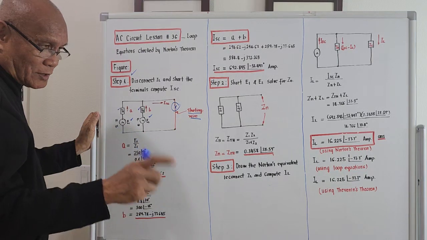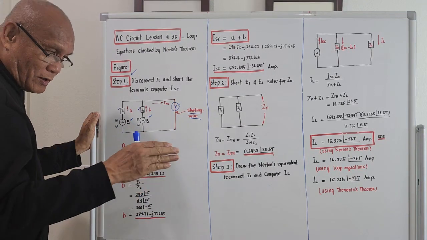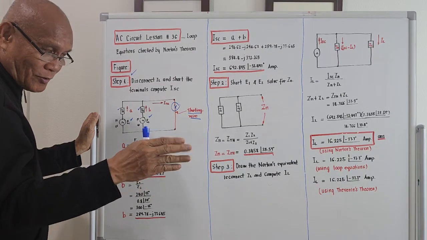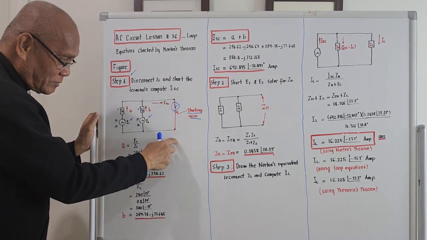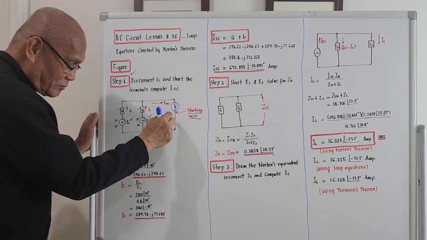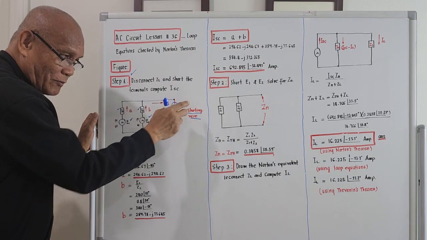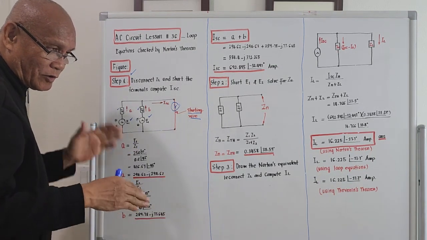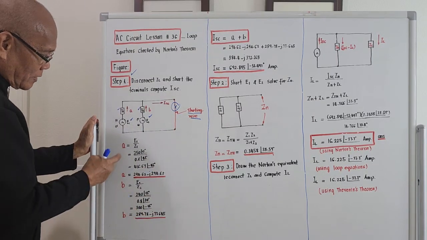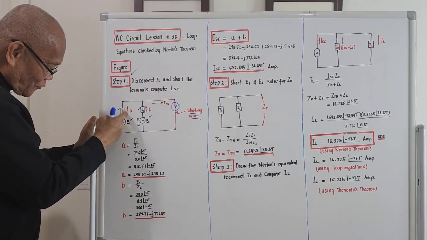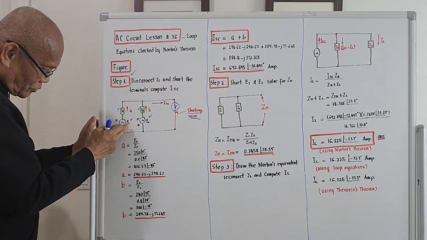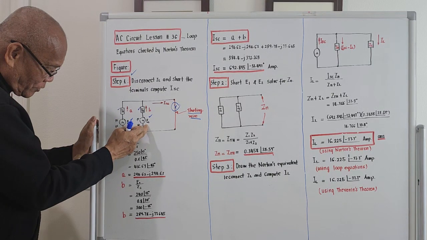We could compute for that by using computations on the board. But in actual practice, you don't have to compute. You just short it, put an ammeter right across it, then read the reading. But we are on paperwork, so we should bring out the solution. This current A is going upward, this current B is going upward also, due to source number 1 and source number 2.